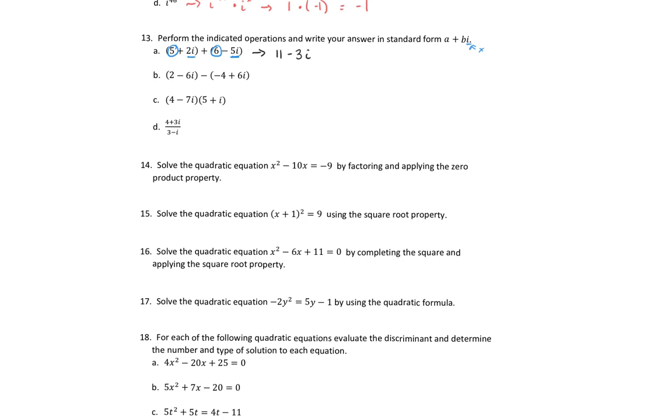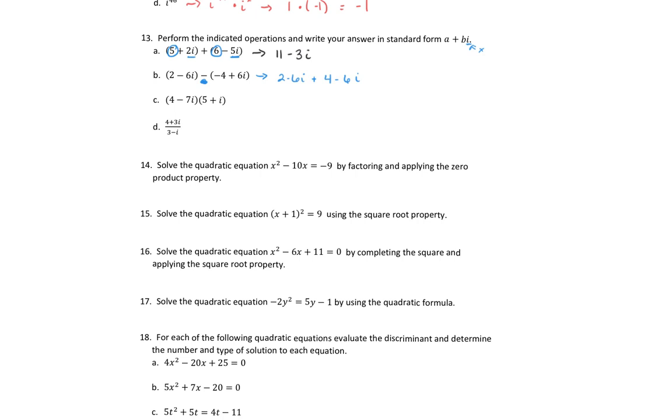So for this next one, again, we notice that we have some i's and we have some constant numbers. For this one, however, go ahead and simplify it out because of this minus sign here. So it'll look something like 2 minus 6i minus a -4i, which would be a +4i, and then minus a 6i.